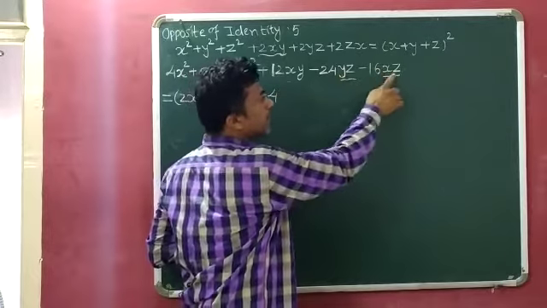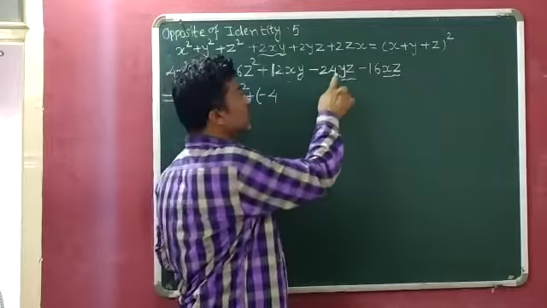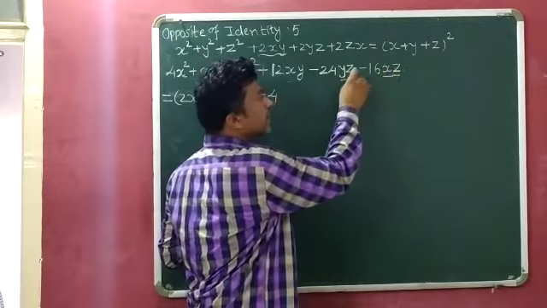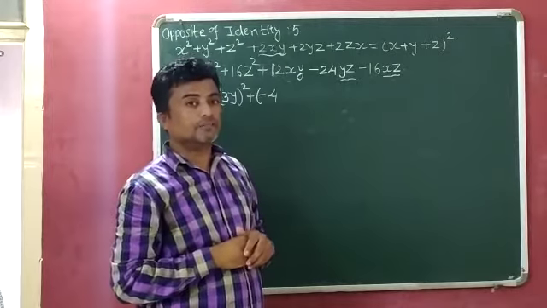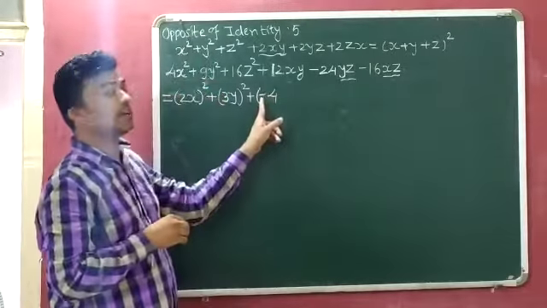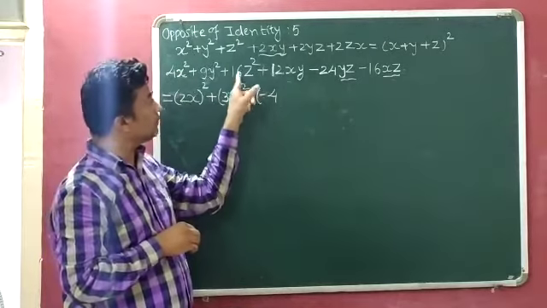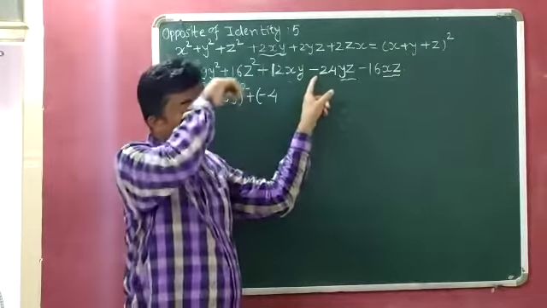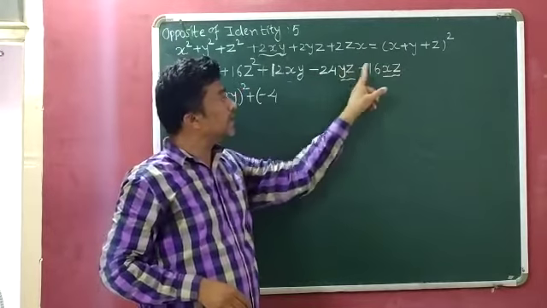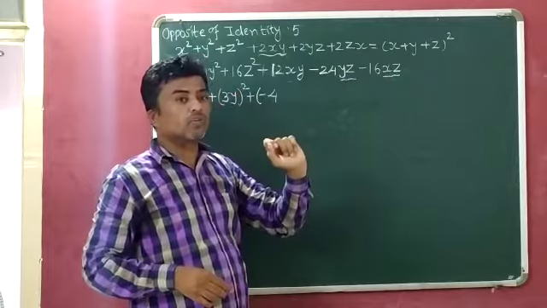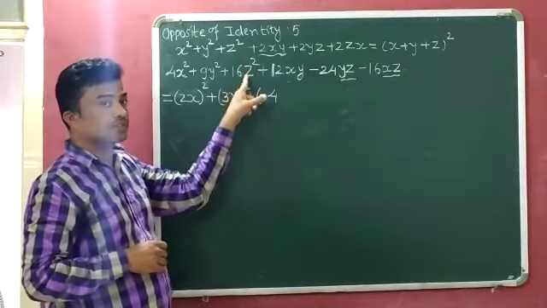In yz and xz, which variable is common? In yz and xz, variable z is common. So here we can write the negative sign with z. Why? Because the negative sign is available with yz and xz, and in yz and xz, z is common. So we can write the negative sign with 16z square.